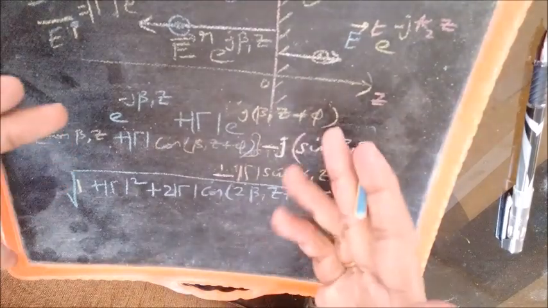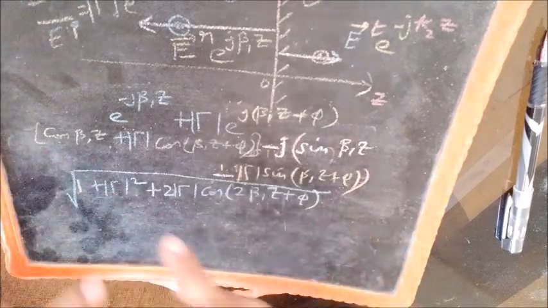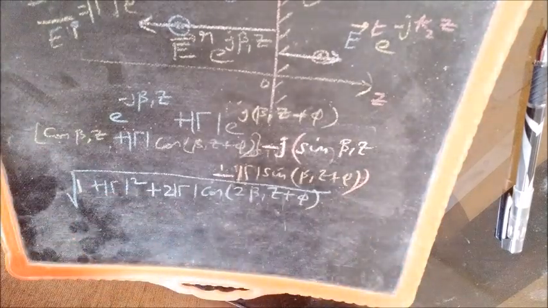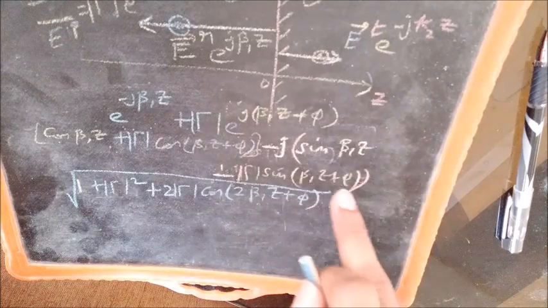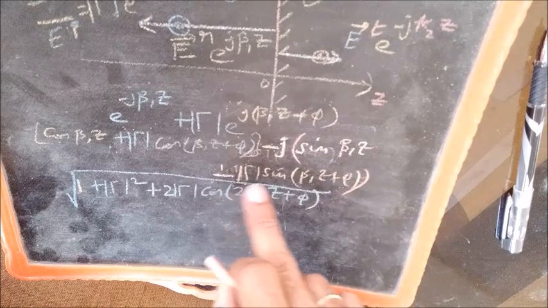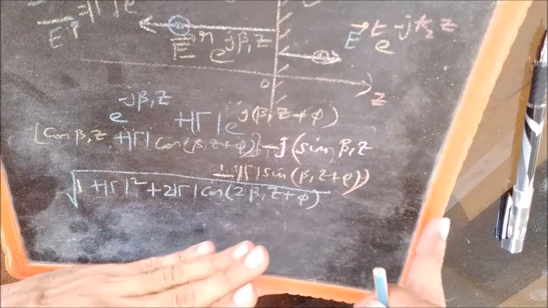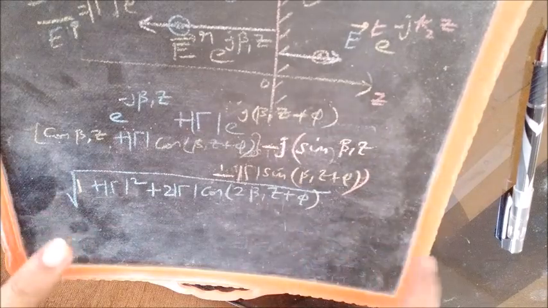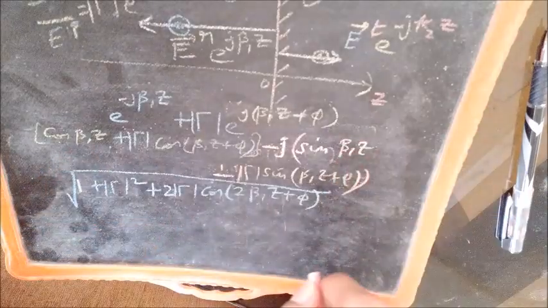This will be the magnitude of this, and then you can have e raised to minus j, all these things, sin beta 1 z minus magnitude gamma sin beta 1 z plus phi whole divided by cos beta, all those things. I will not write it here. And remember, with that there will be an e raised to j omega t, which was here outside, which we have kept aside.